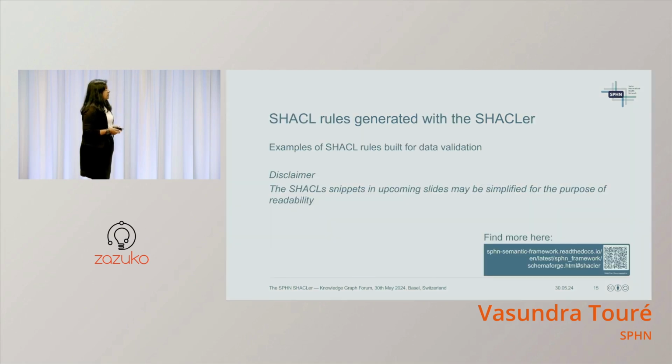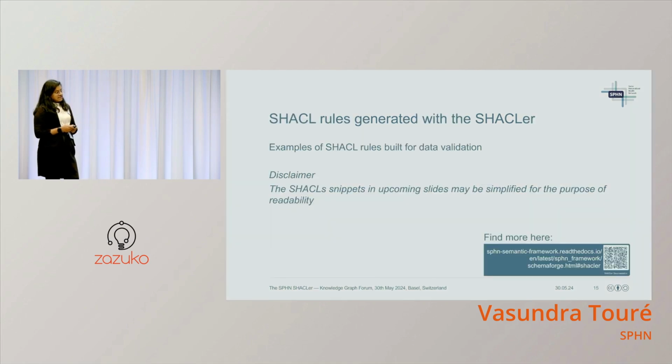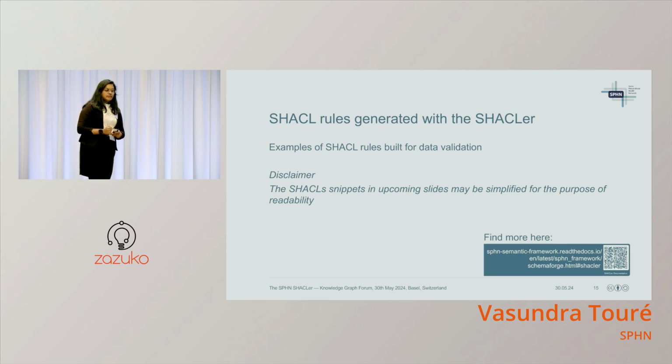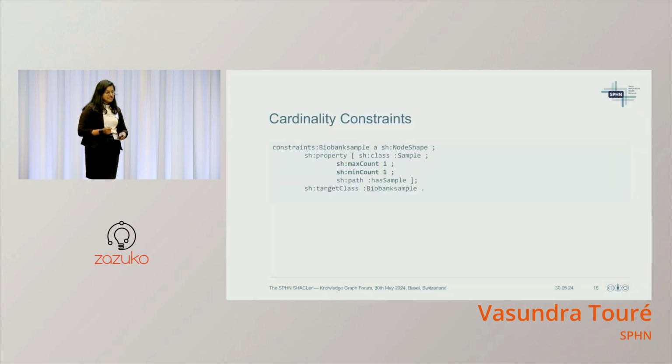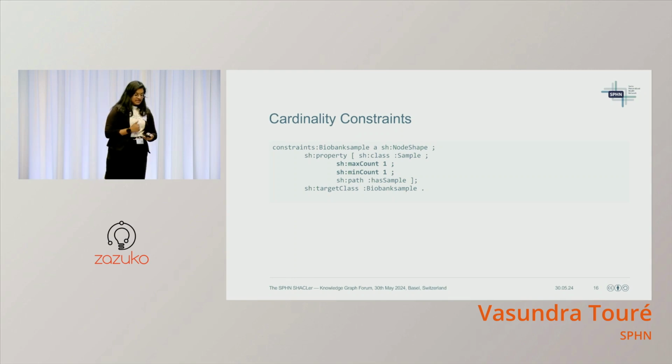Now we'll go a bit more into the details of the actual SHACL rules that we have built. We have not seen so far any of these coded statements, but I hope this is maybe one of the crowds where I can have such a slide, and most of you would probably understand it. We do have cardinality constraints that are implemented.